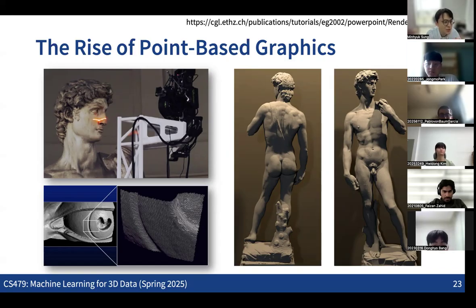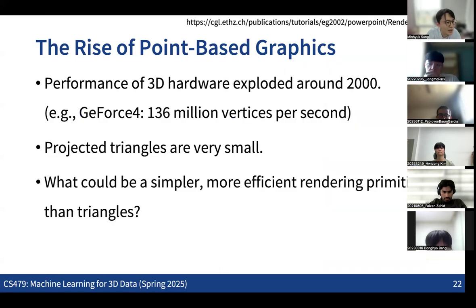It was able to capture this big statue, whose size would be tens of meters, I guess, with very high accuracy and also very fast speed. As you can see, we could capture things at more than 100 million points per second.